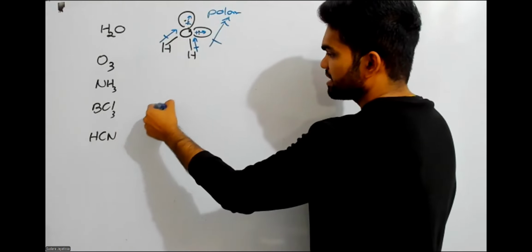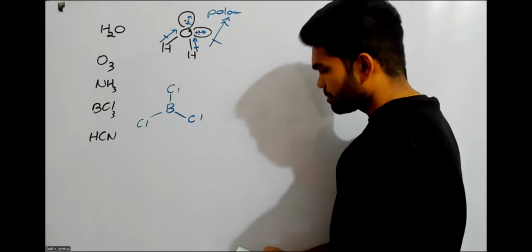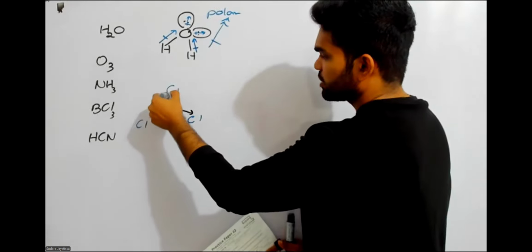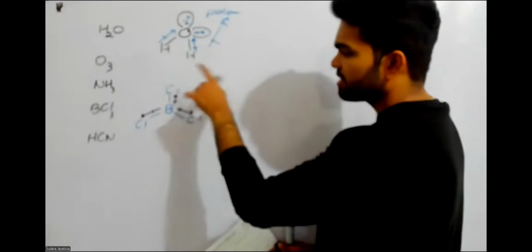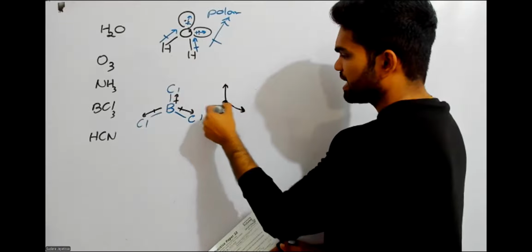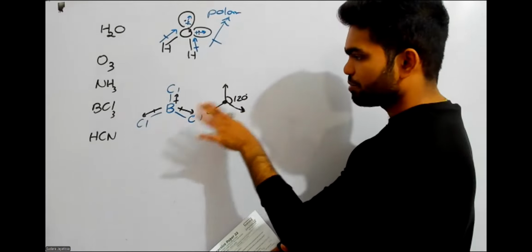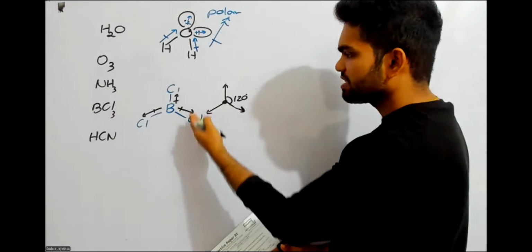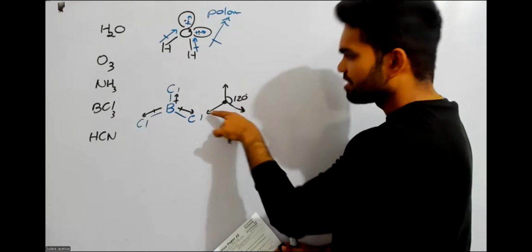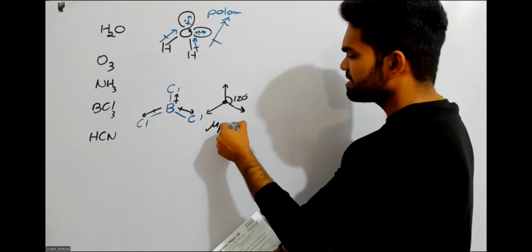Let's take BCl3. BCl3, on the other hand, is a trigonal planar molecule, and the bond angles are exactly 120. The chlorine is more electronegative than boron, so there are 3 dipole moments like this. You have learned even in physics, if you arrange 3 equal forces at 120 angles, and dipole moment is not a force but let's assume it's a vector quantity anyway, the resultant dipole moment is 0.